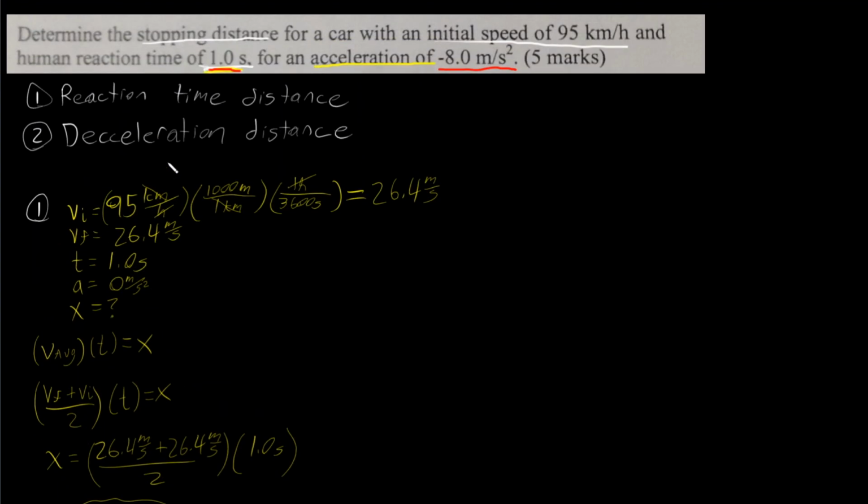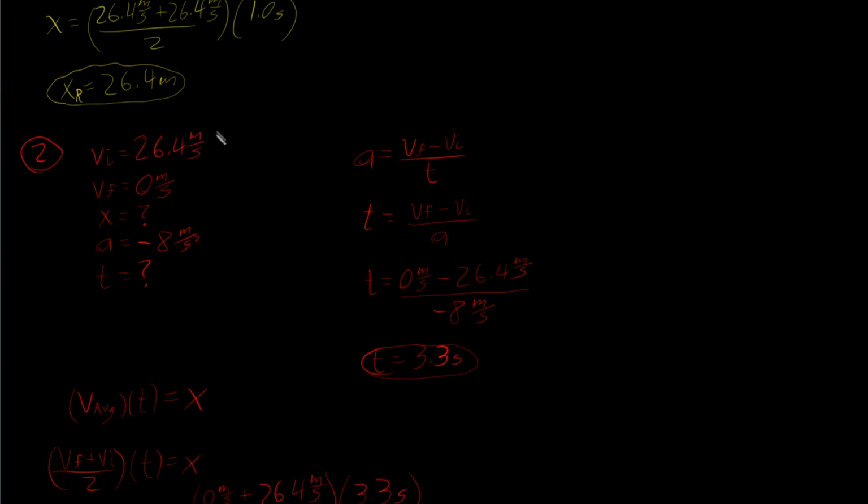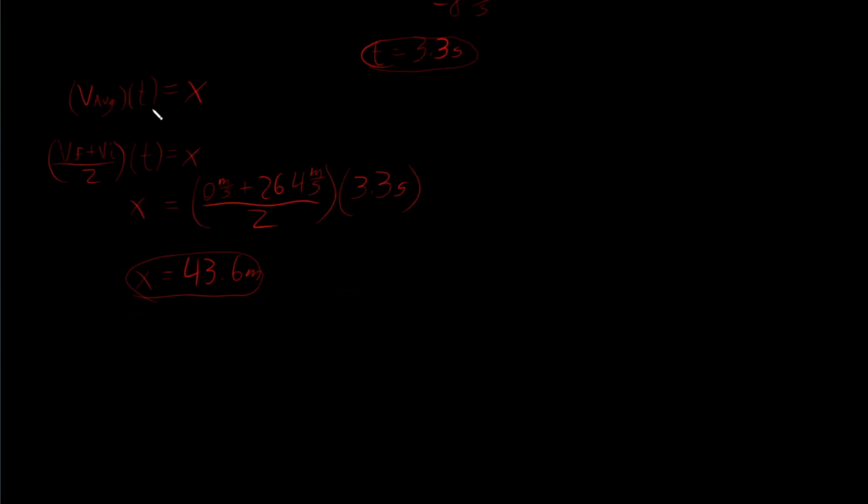So to get the final answer to this question, we just add this distance together with this distance, because the distance traveled during the reaction time period and the deceleration period will be the total distance. So let's do that. So we have 26.4, and we could call this our D for deceleration. So our x total is just x reaction plus x deceleration.